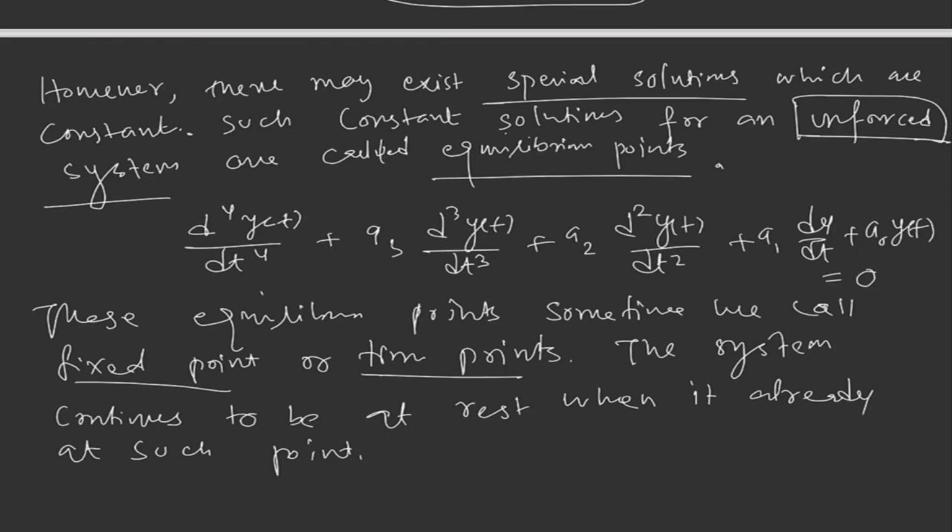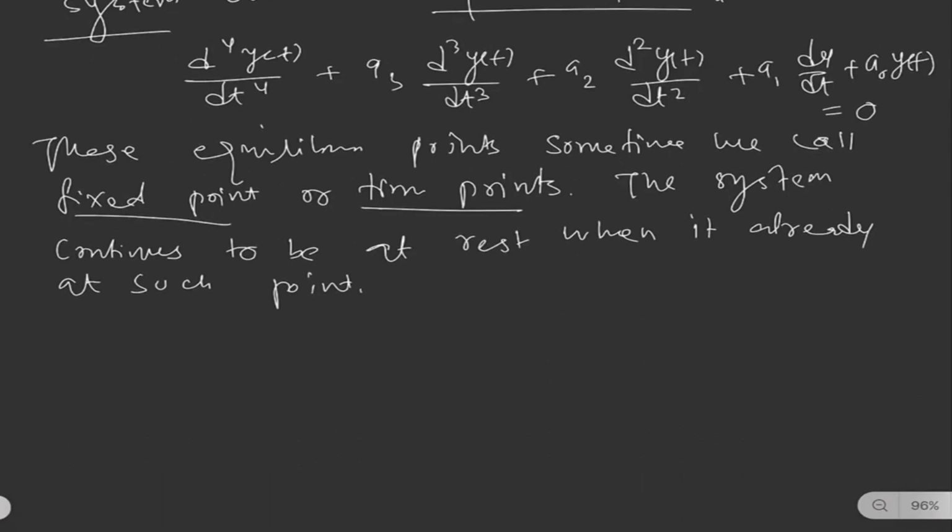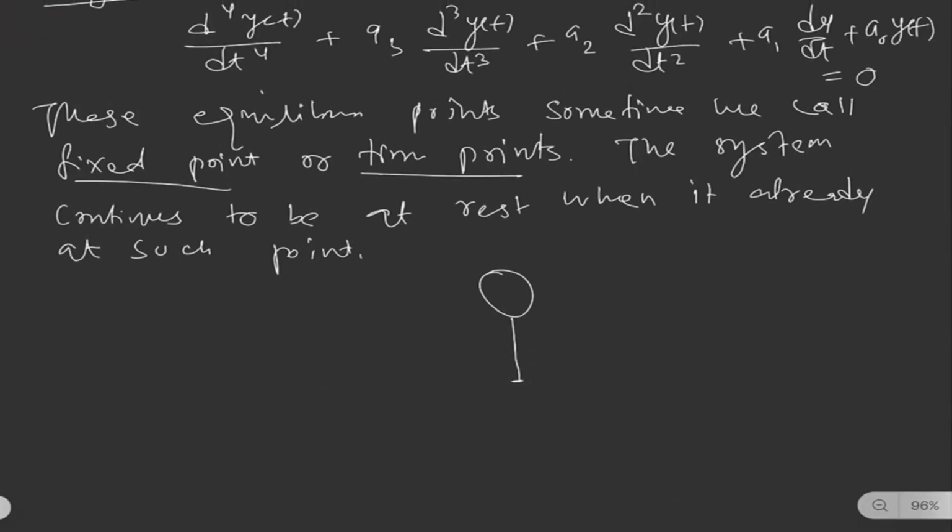Most of the control systems we design keep the plant at this fixed point. For example, let me assume a pendulum system. This is my pendulum. The pendulum can stay constant in two positions. If it is vertically up, this is one position, and it can also stay in this position. So there are two equilibrium points, this position and this position.